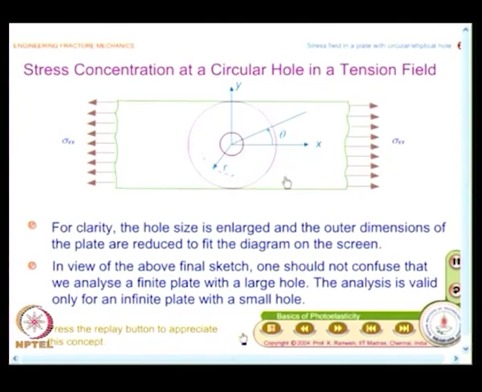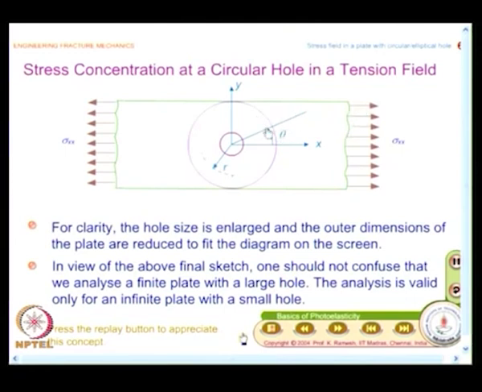And there are other things that also we do. Though the problem is like an infinite plate, rectangular plate with a small circular hole, one of the methods of solution is to look at this as a boundary which is circle in nature at infinity, and rewrite the boundary condition.